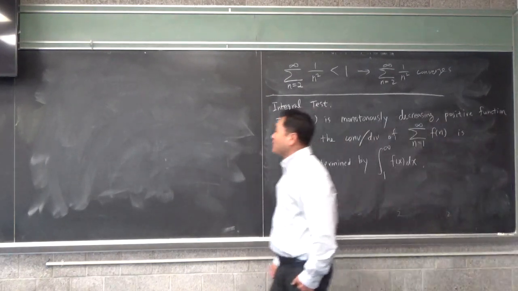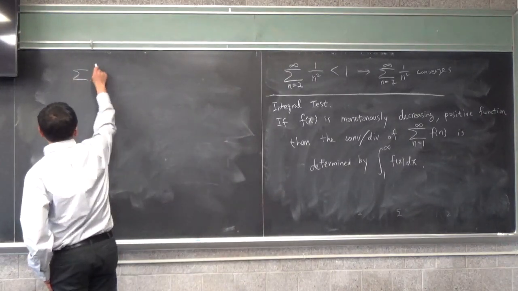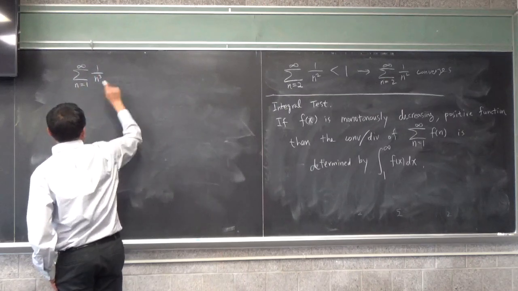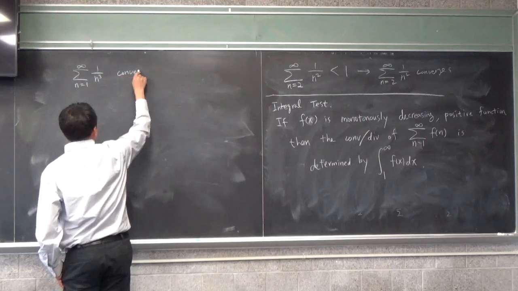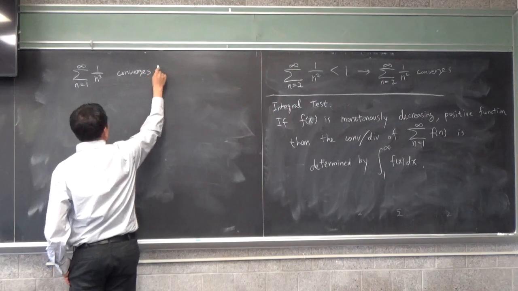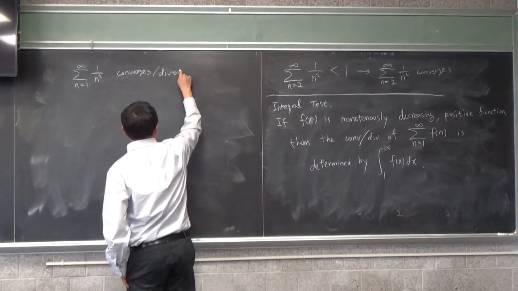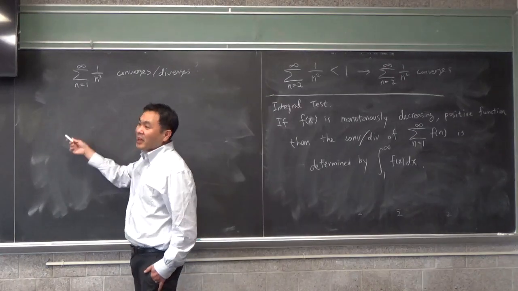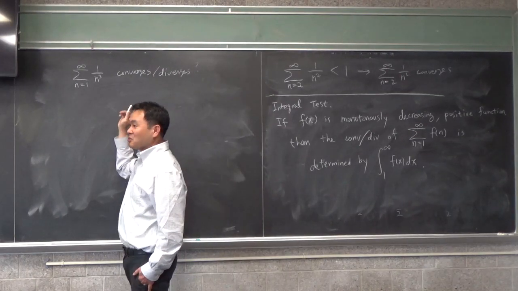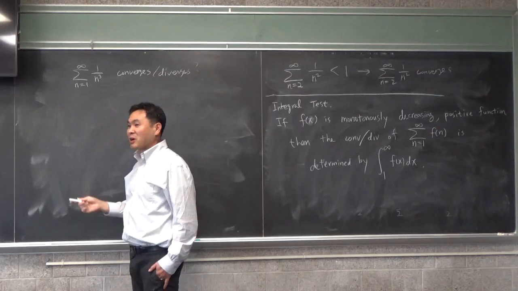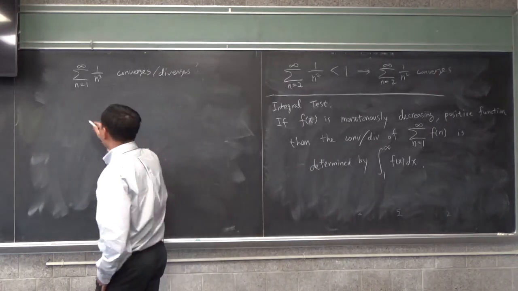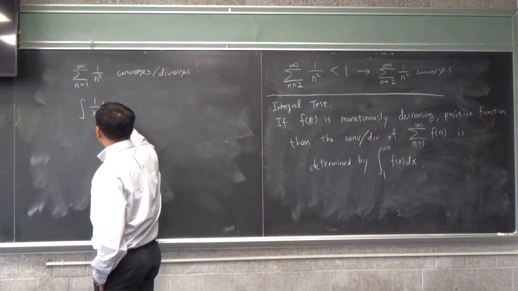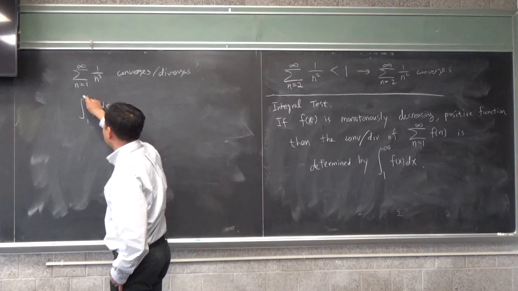So it's like this. If we wanted to know whether summation of 1 over n cubed, n from 1 through infinity, converges or diverges, then you don't have to talk about graphs or left sum or right sum or any inequality. All you have to say is just replace n by x. You integrate from 1 through infinity.